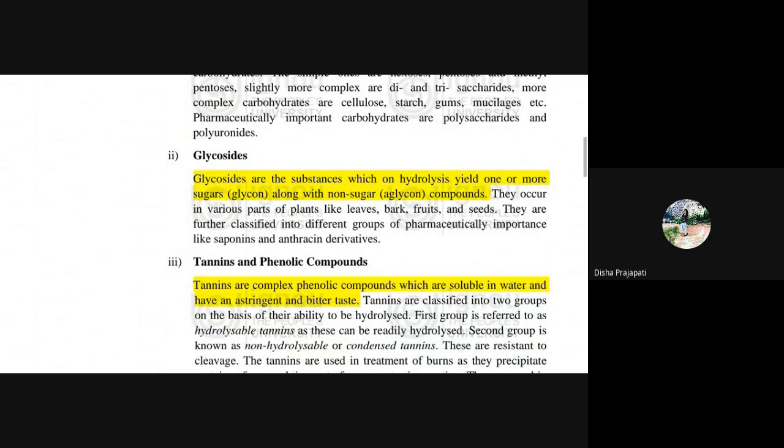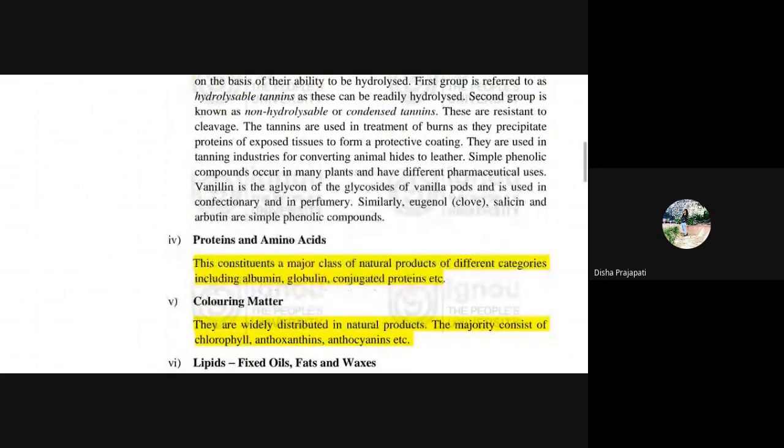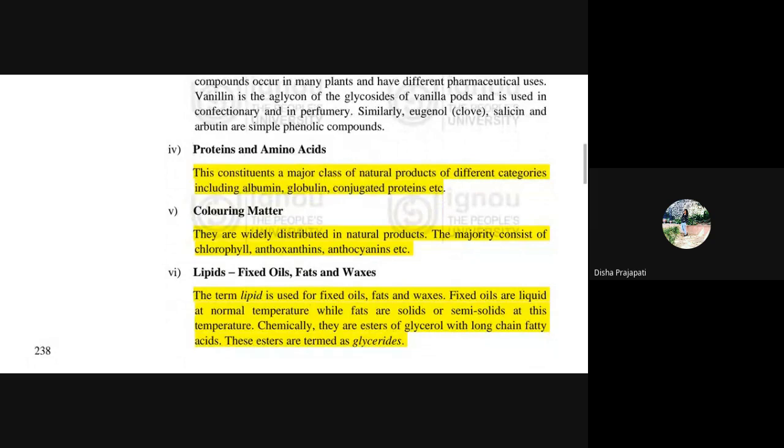Tannins are complex phenolic compounds which are soluble in water and have an astringent and bitter taste. Proteins and amino acids. These constitute a major class of natural products of different categories, including albumin, globulin, and conjugated proteins. Coloring matter. They are widely distributed in natural products.